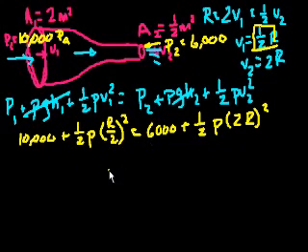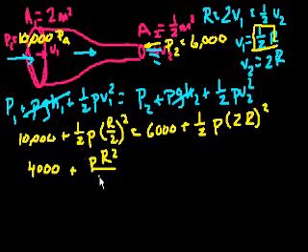Let's just do some simplification. Let's subtract 6,000 from both sides, and we're left with 4,000 plus, we get R squared over 4 times 1/2, so rho R squared over 8, is equal to, we already subtracted the 6,000 from both sides, 1/2 times R squared times 4, so this is 2 rho R squared.